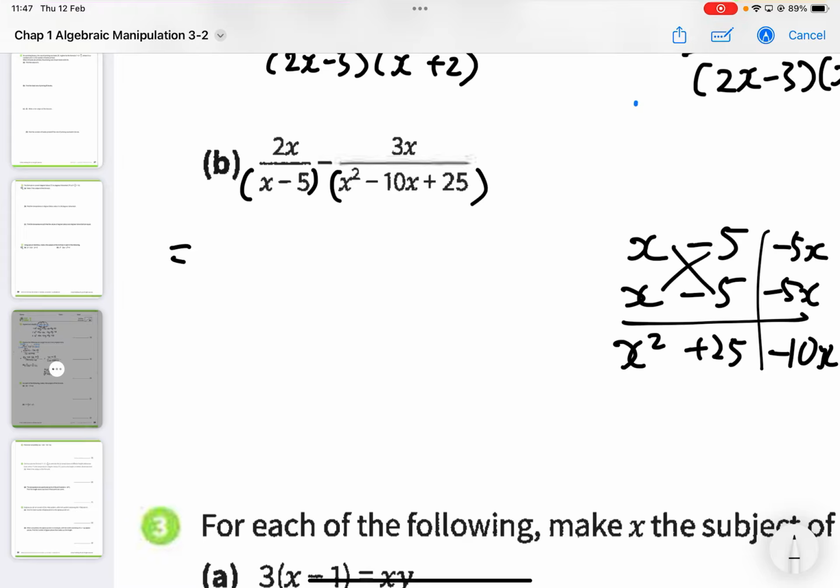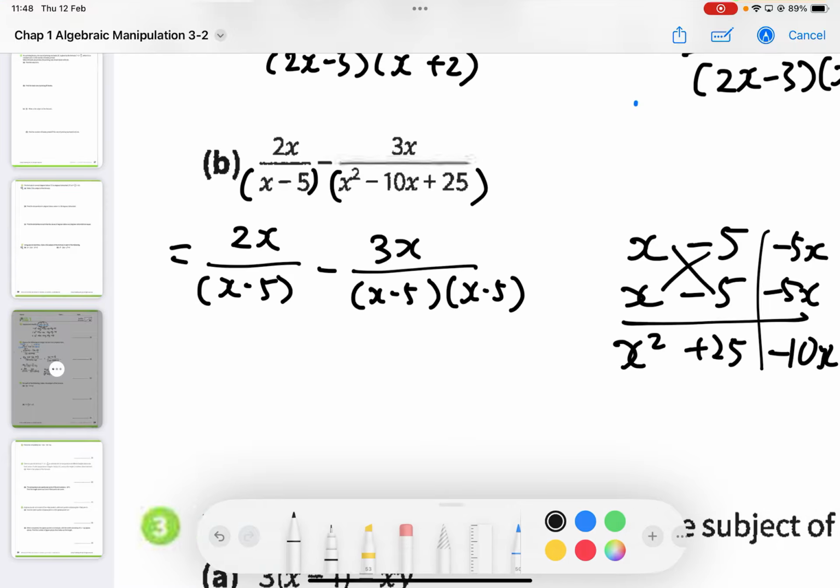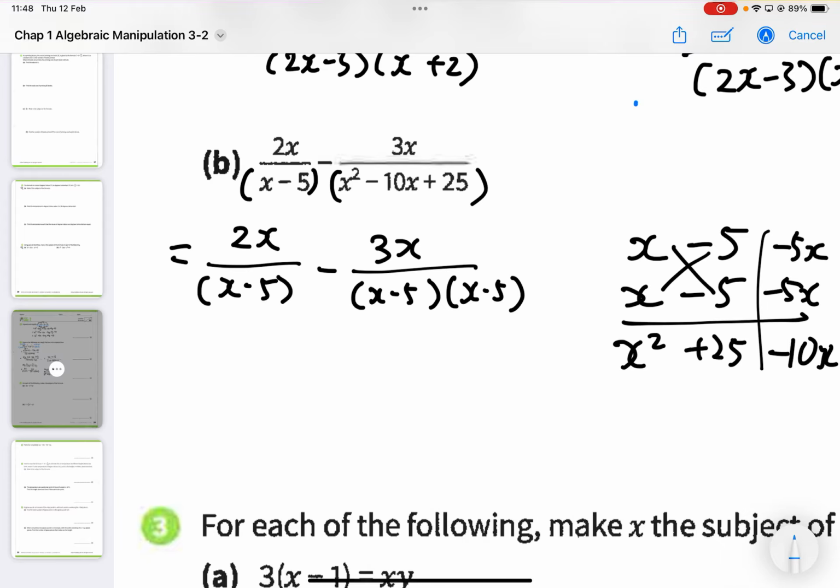So you can rewrite this thing into, okay? Then to make common denominator, my left hand side fraction, the denominator is still missing one more bracket. That's why I need to multiply the same thing.